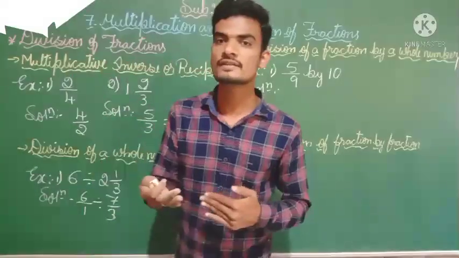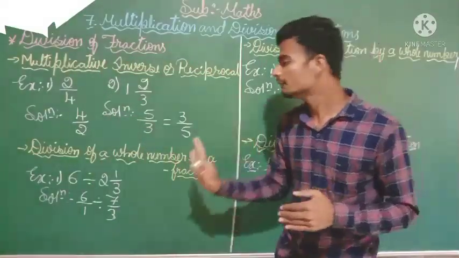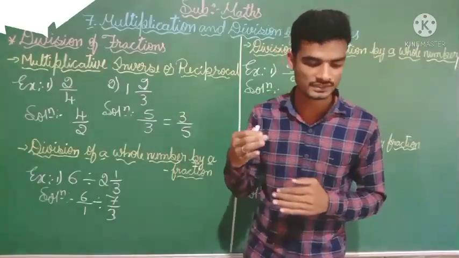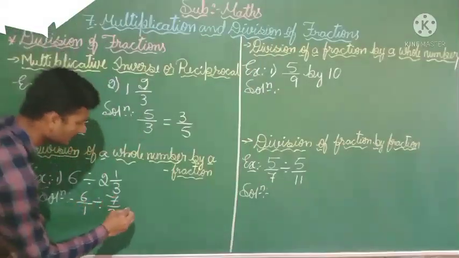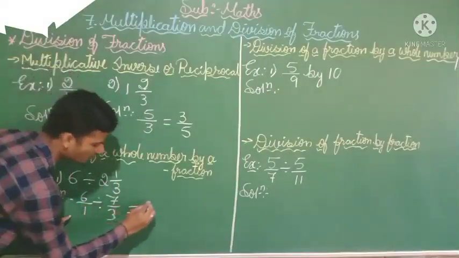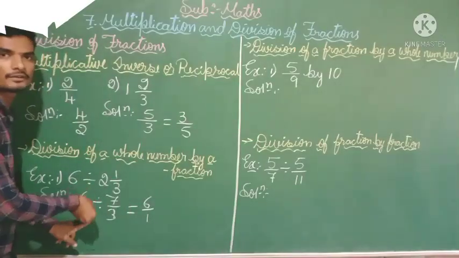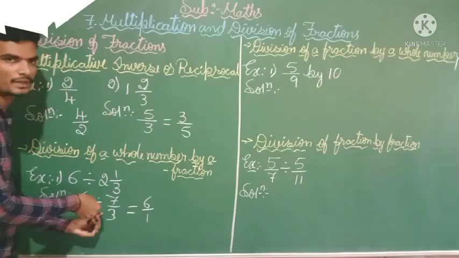To convert that division symbol into a multiplication symbol, the second fraction should get a reciprocal. The second fraction will get a reciprocal. See here, 6 by 1 you have to write as it is. Now we want to change this symbol, this operation.